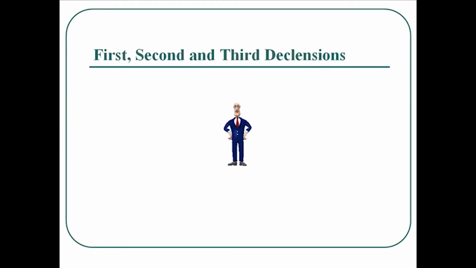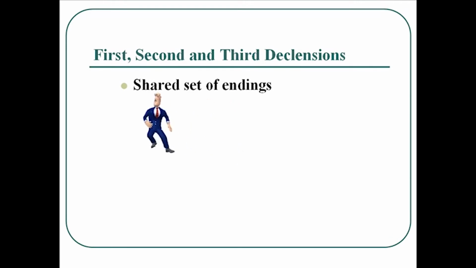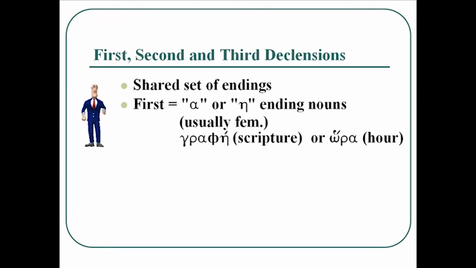There are three declensions for the nouns. What is a declension? A declension is a shared set of endings that are tagged on or fused on to the end of nouns. And so you have the first declension, which is alpha or eta ending nouns.